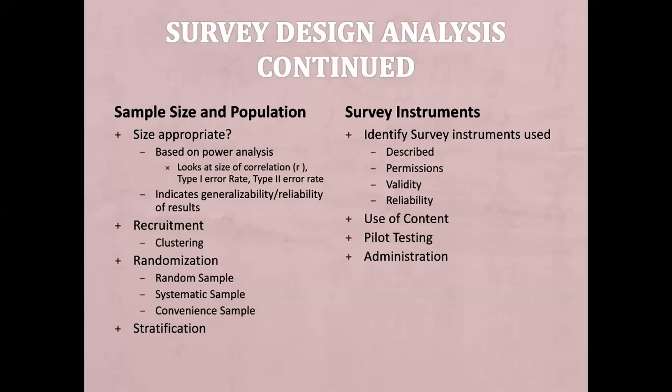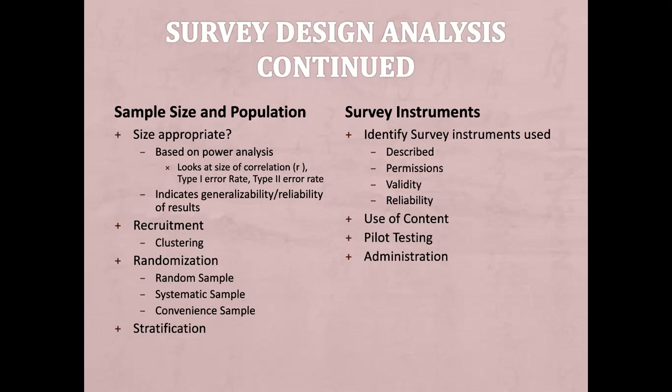The next thing that we would want the researchers to include is their recruitment. With their recruitment, did they use random sampling, which means that everyone has an equal chance of being selected for the study? Did they use systematic sampling, which means that people are randomly selected but at an interval?